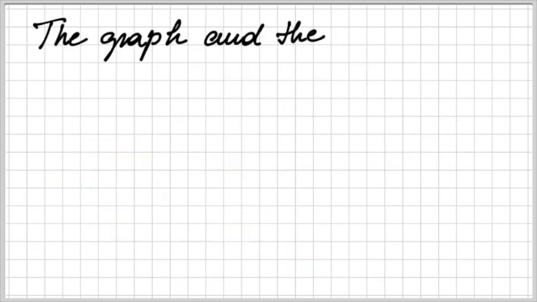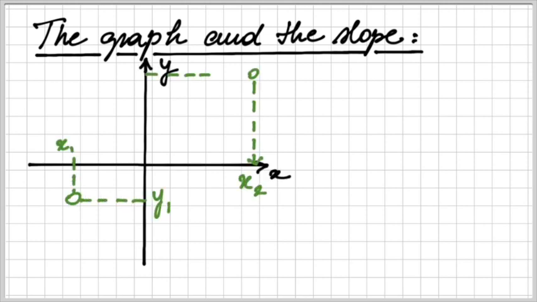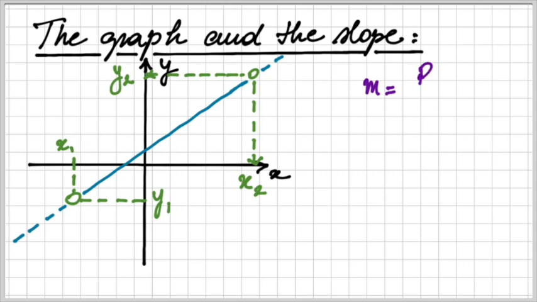When we look at the graph to find the slope, in this x and y plane, we find the 2 points (x1, y1) and (x2, y2), and we can draw a line through them. Based on this we can find the slope. Remember, the slope is the rise divided by the run.